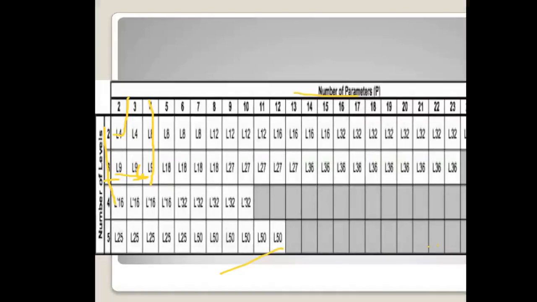So 81 experiments are reduced to only 9 experiments. Means by performing 9 experiments, I will get all information about the 81 experiments. But the problem is which 9 experiments. So for that, Taguchi has given you the array. So he is saying you can perform 9 experiments and you can avoid the 81.